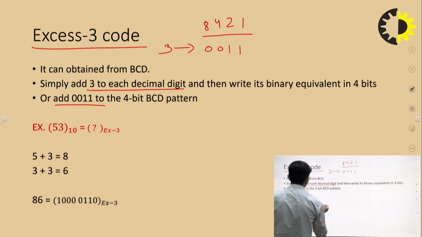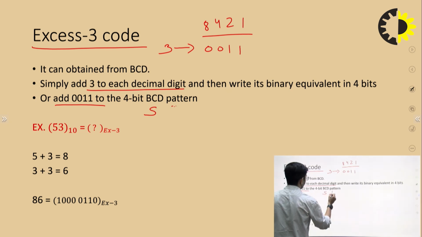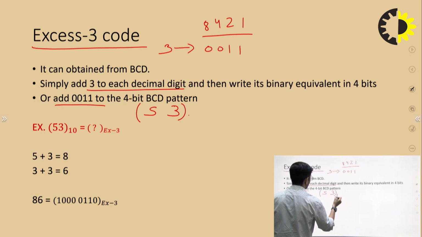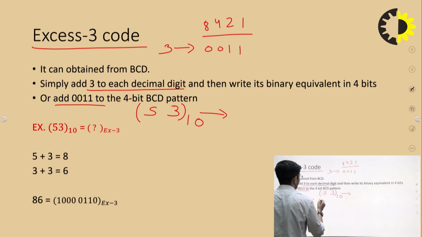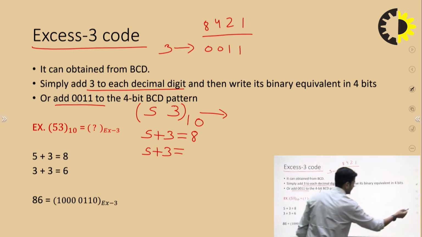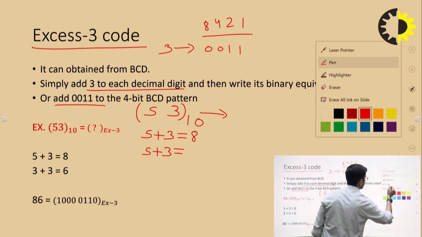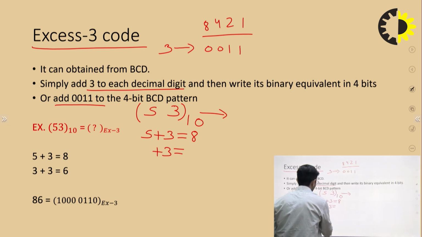There are two ways to represent a decimal in excess-3. One way: if we are given the number 53 and we have to convert it into excess-3, we simply add 3 to each digit of the decimal number. 5 plus 3 is 8, and 3 plus 3 is 6.